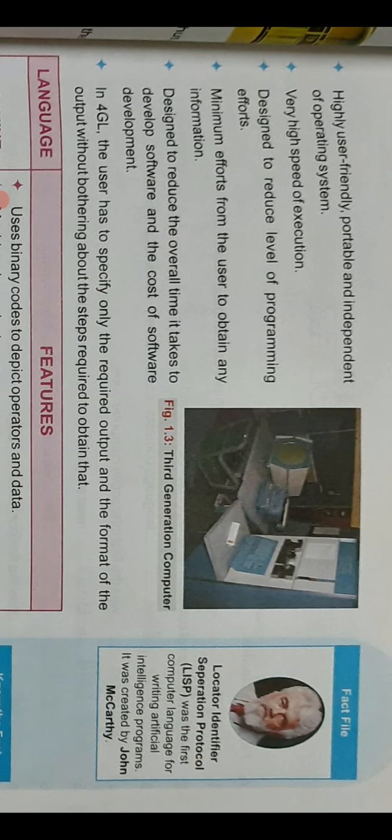What are the main points? First one, fact file. LISP, the list processing language, was the first computer language for writing artificial intelligence programs. It was created by John McCarthy.